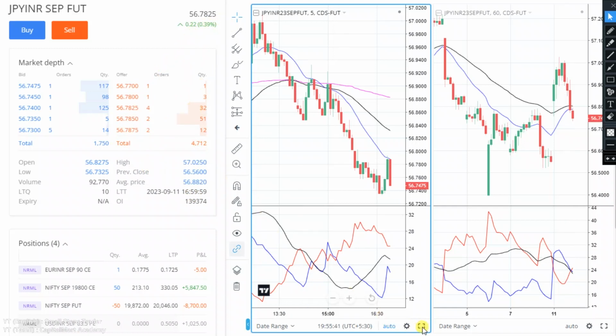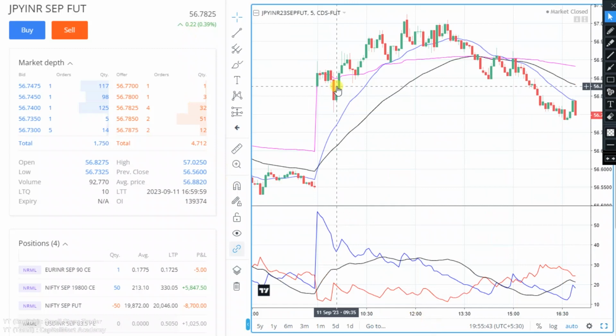Let me see the chart. See the gap up, again it rallied very well. From the open 56.82, it went to 57.02, but couldn't sustain that. Again it came down and closed at 56.78. But anyway, on a close to close basis it closed 22 paise positively.